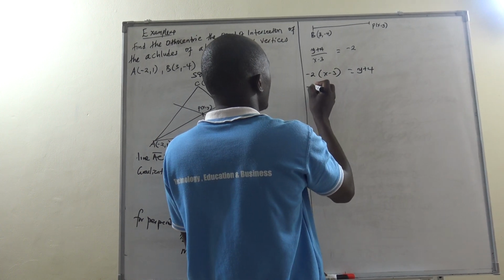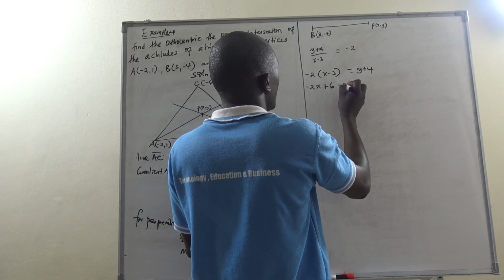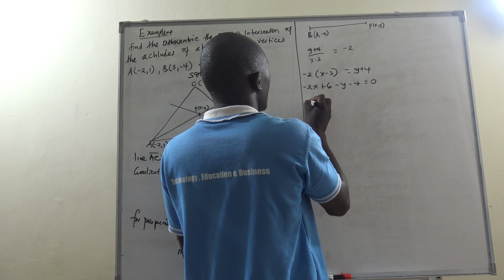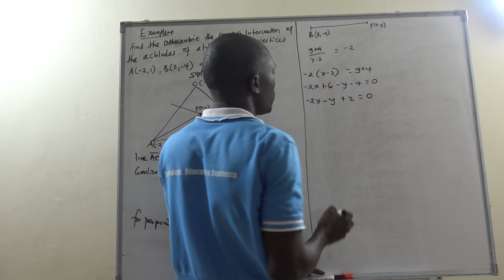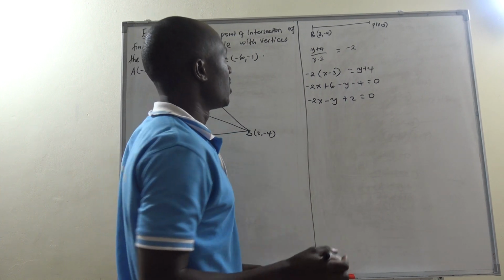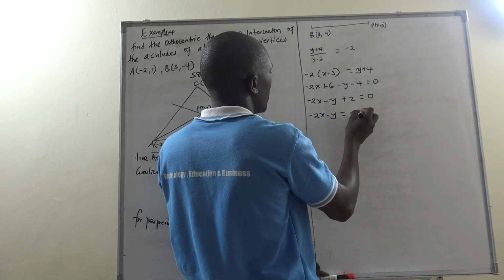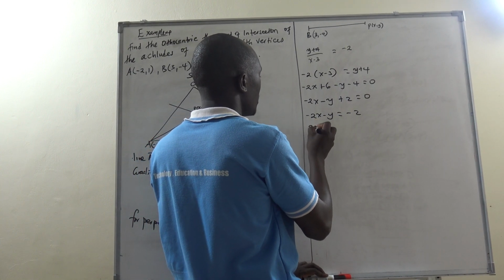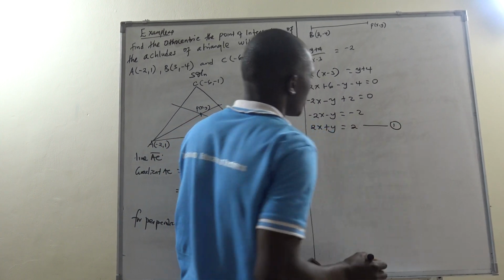Opening, we get -2x plus 6 minus y minus 4 equals 0. Rearranging, -2x minus y plus 2 equals 0. Taking the other side, -2x minus y equals -2. Dividing by negative, we are remaining with 2x plus y equals 2. I say this is the first equation.